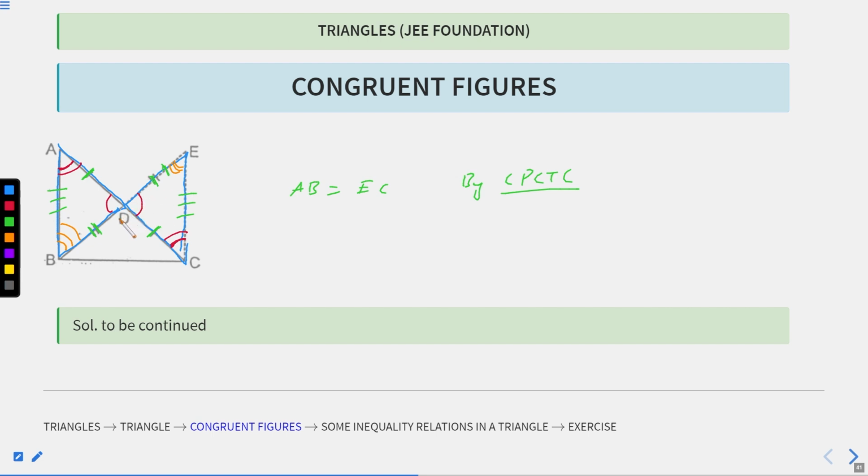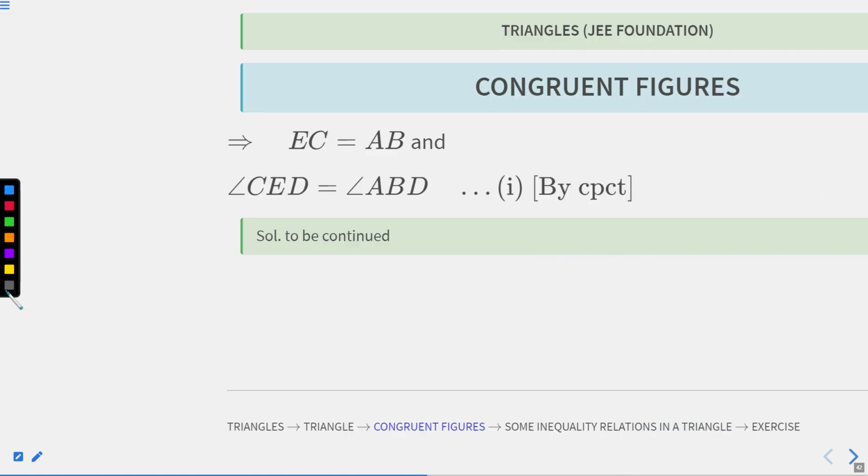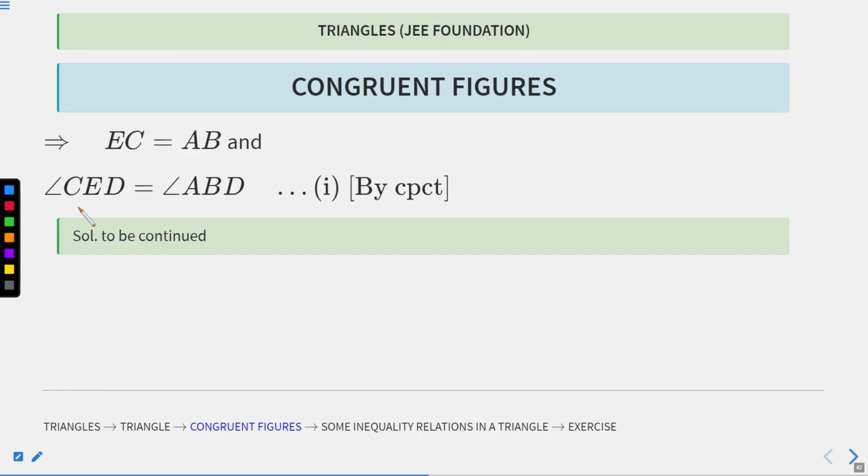Now let's move on. By CPCTC, angle CED is equal to angle ABD. So we have A, B, C, this D point and this E point, and CED is equal to ABD.